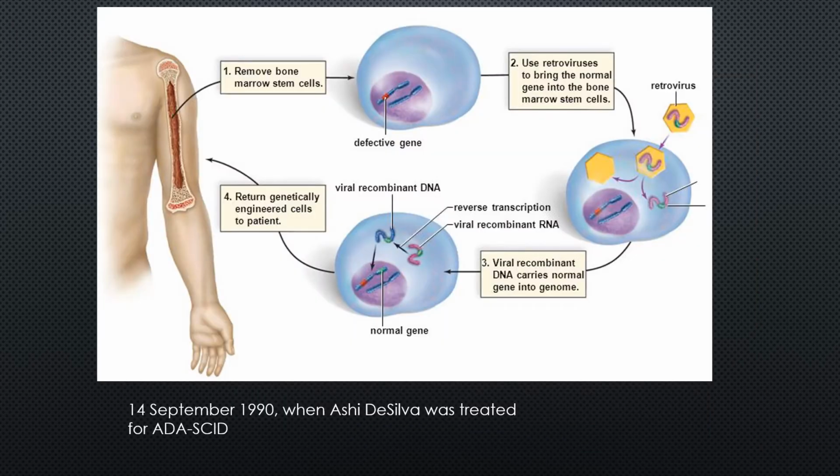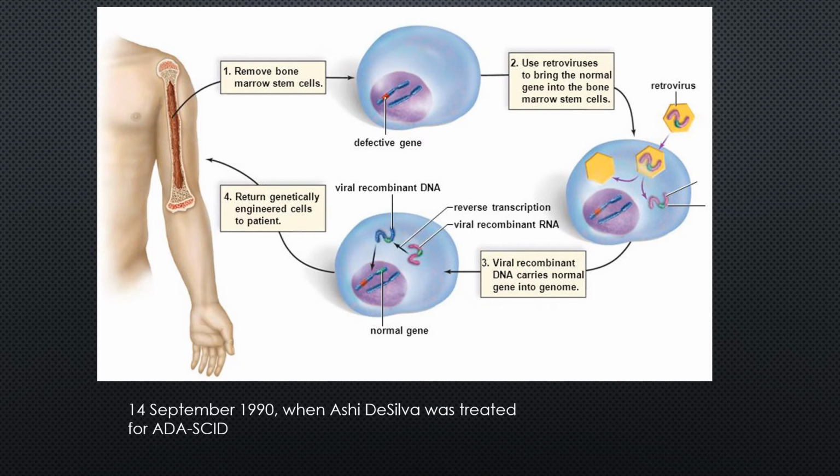So our first successful gene therapy was in the 1990s, actually 1990, with a little girl named Ashanti DeSilva, and she had a disease called SCID, or Severe Combined Immunodeficiency. Children with that disease lack the enzyme adenosine deaminase, which helps to mature your immune system.